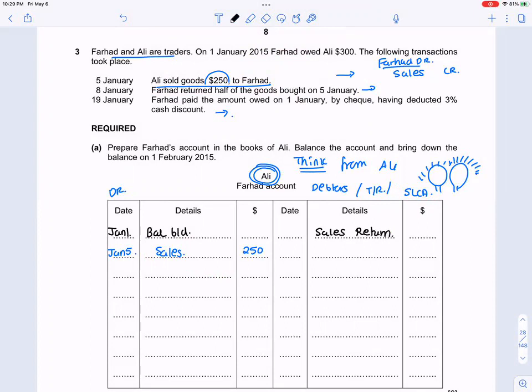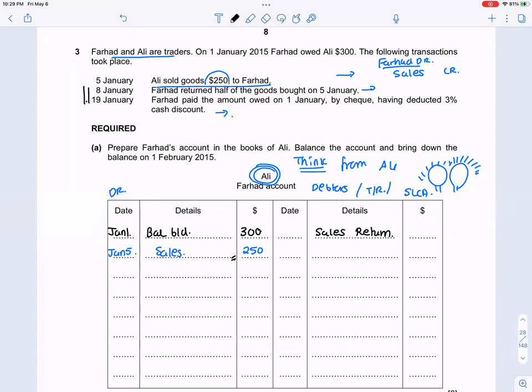Most of it goes on the credit side, while DIR goes on the debit side, which is dishonored interest refund. Okay, fine. So do you have a balance brought down in this account? Yes, 300. Then you had credit sales. Now look at these two entries and tell me where will you record them?